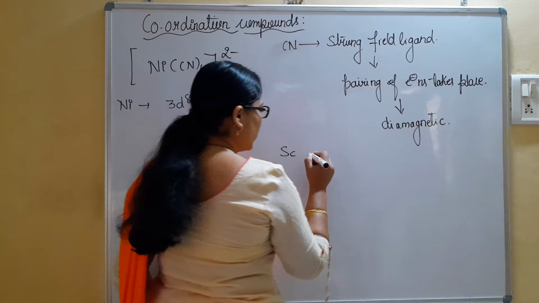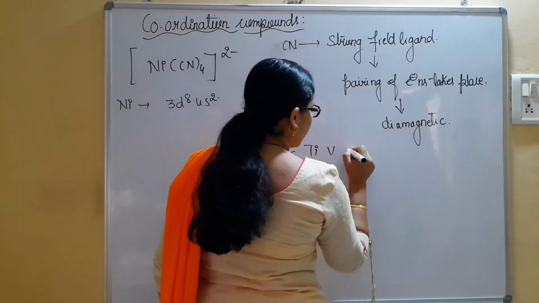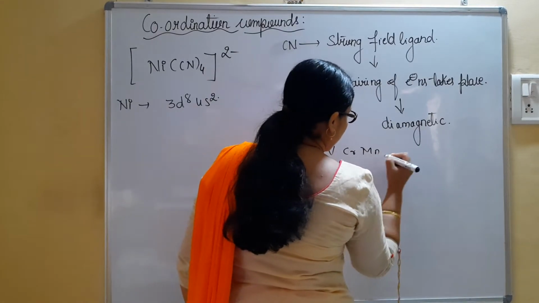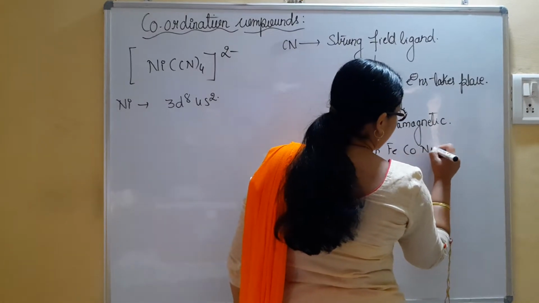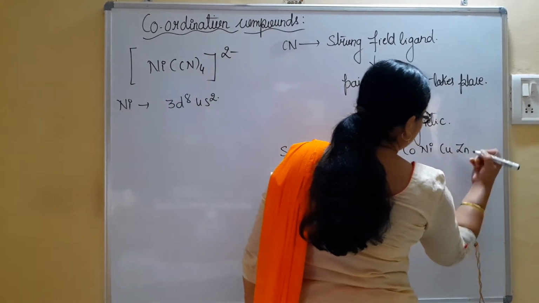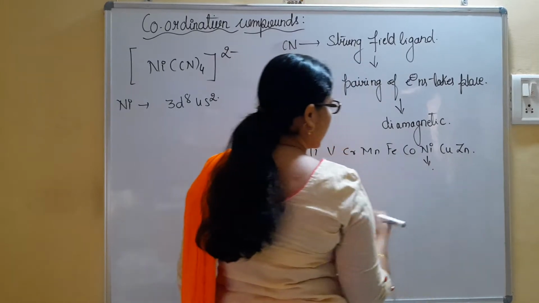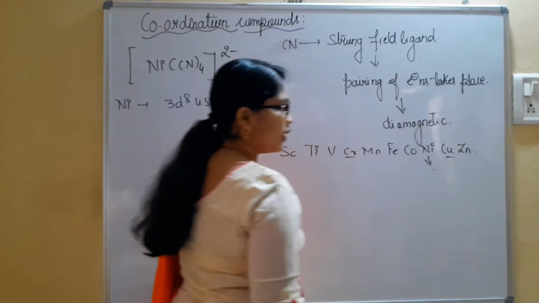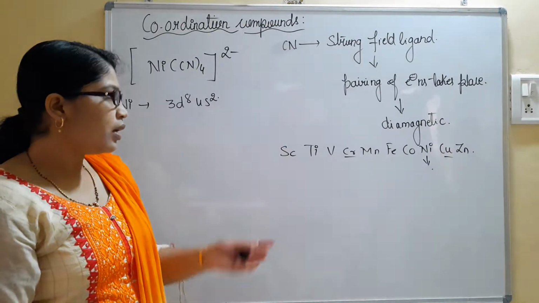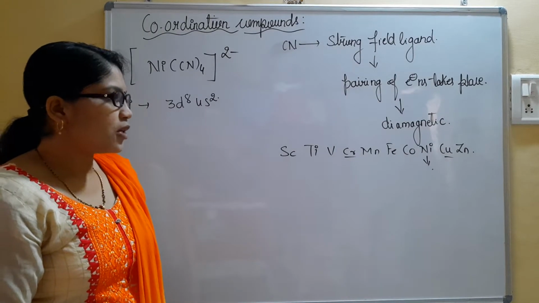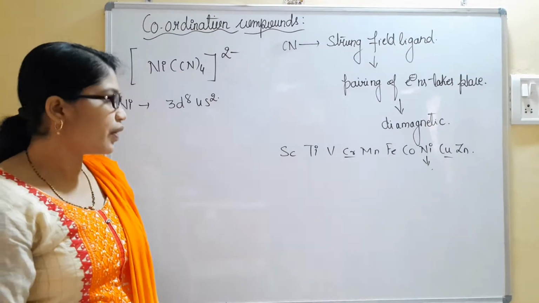The 3d series, we all know, is scandium, titanium, iron, zinc. As we are considering nickel here, we know that chromium and copper will be exceptions because they are considered as half filled and completely filled. That is the main reason they are exceptions while writing the electronic configuration.